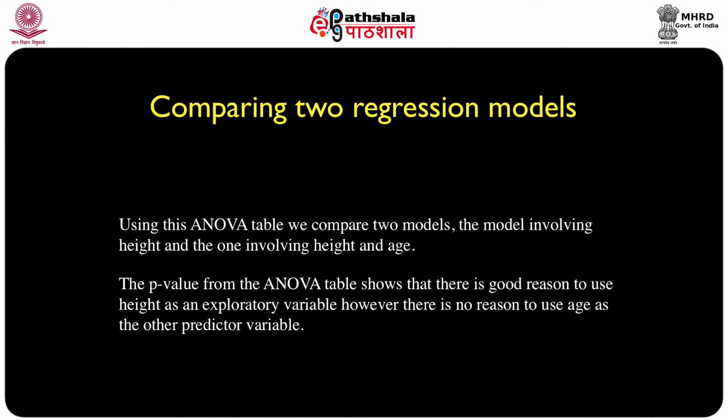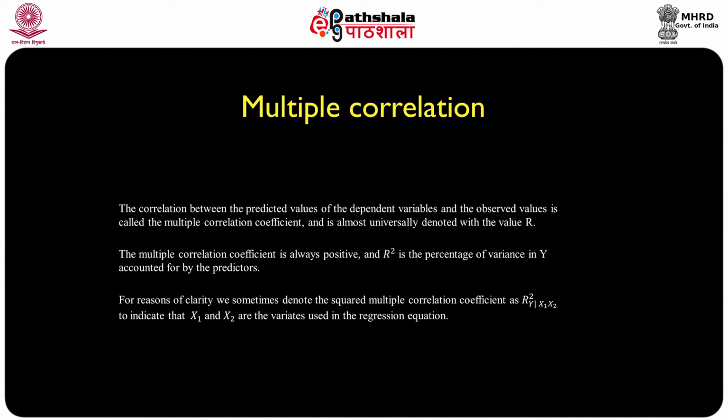After discussing the example of fitting a multiple linear regression model using the LM function in R, let me discuss two important concepts in context with multiple regression models. The first of which is multiple correlation. The correlation between the predicted values of the dependent variable y and the observed values is called the multiple correlation coefficient and is almost universally denoted with the value R. The multiple correlation coefficient is always positive, and R squared is the percentage of variance in y accounted for by the predictors.